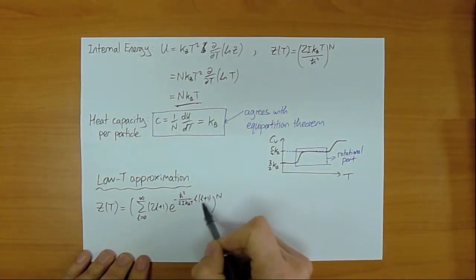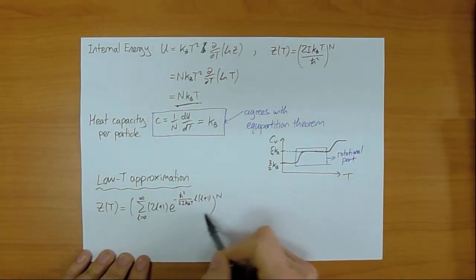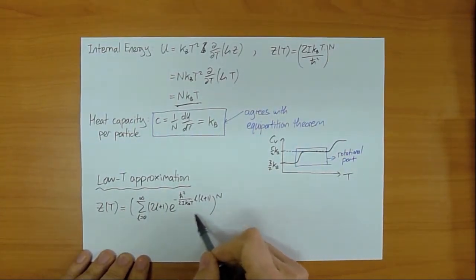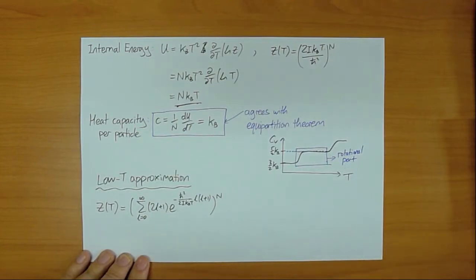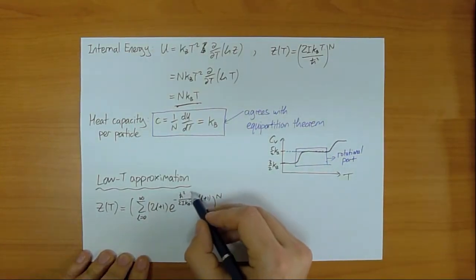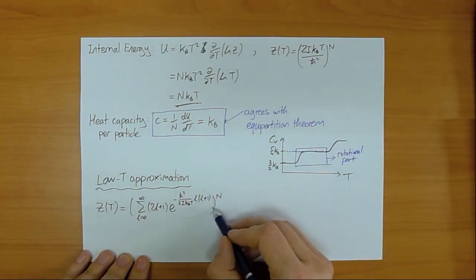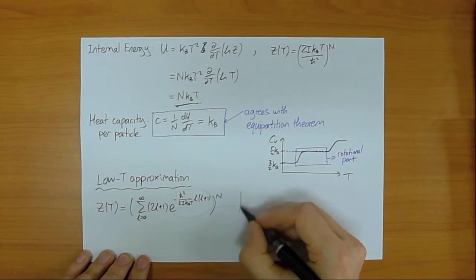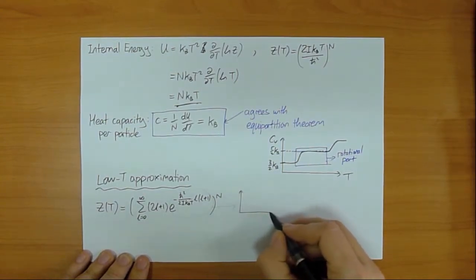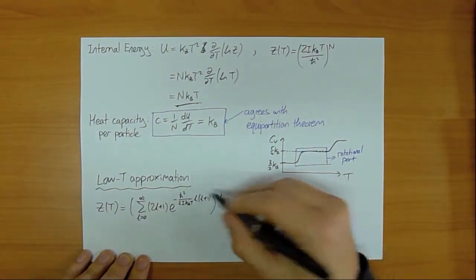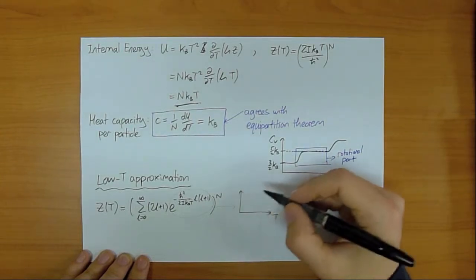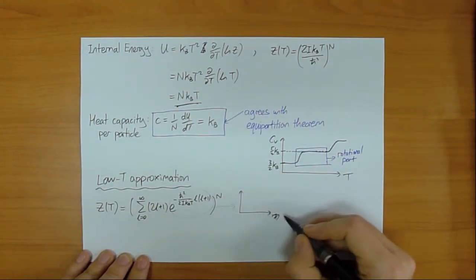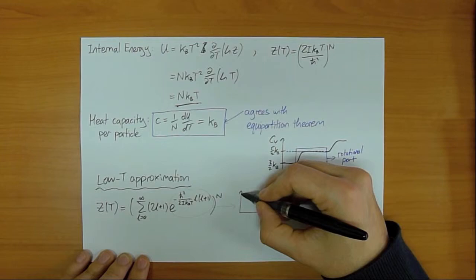So for large values of L, this exponential function is going to get small very quickly. So if I draw what this function looks like in the low temperature limit as a function of L, then you get a graph something like this. Sorry, not as a function of T, as a function of L. It very rapidly decreases.